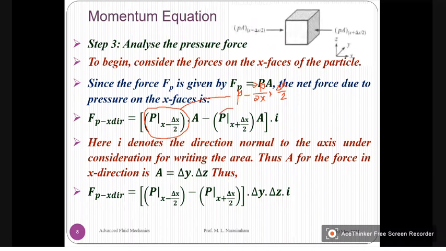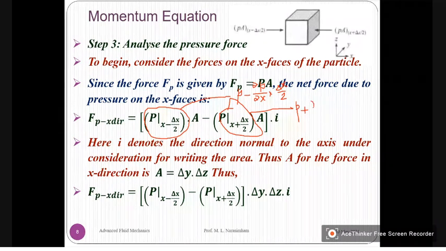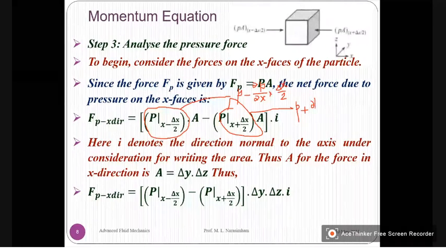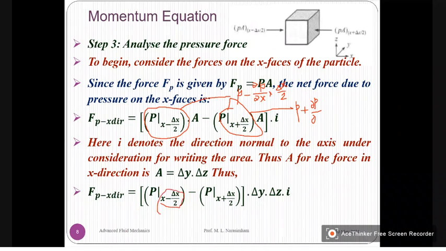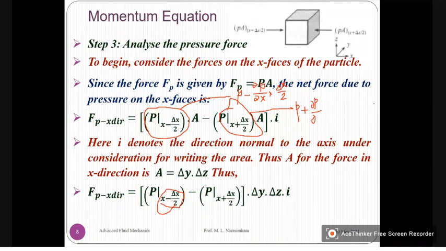And this is P plus the same term. Okay, sir, I got it. See, you have to follow that point. The notation indicates change in pressure with respect to x direction. This is the notation normally we use. This you should know. P at x minus delta x by 2. Anyhow, now is it clear? Yes, sir.